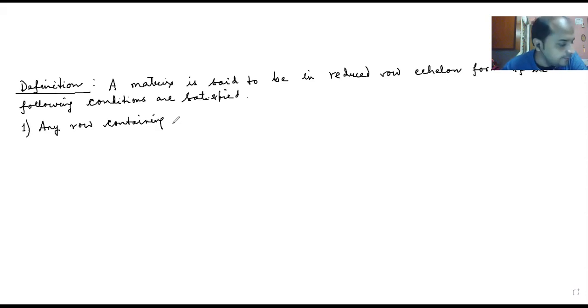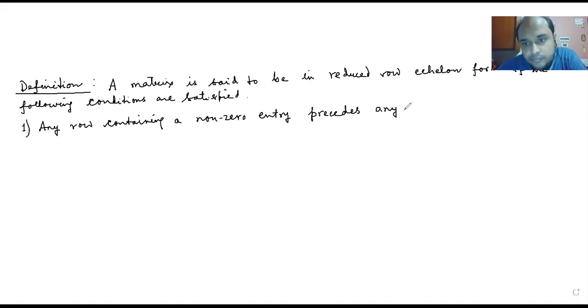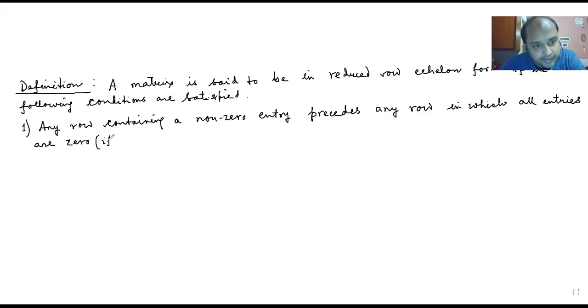A row containing a non-zero entry precedes any row in which all entries are zero, if any.